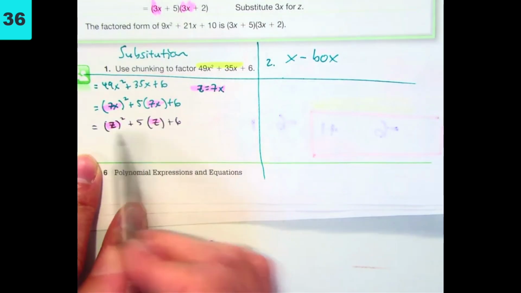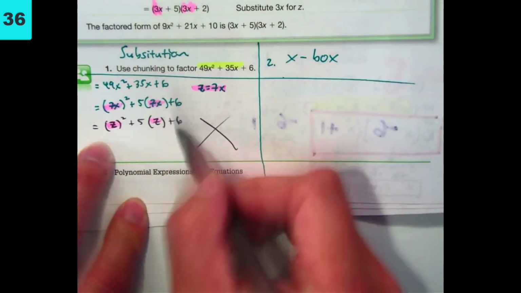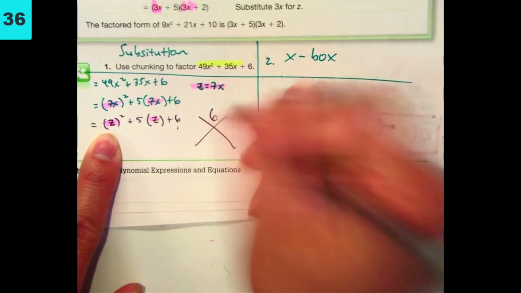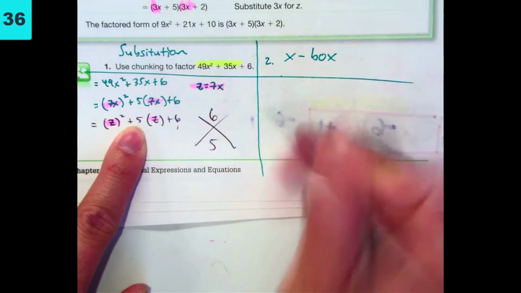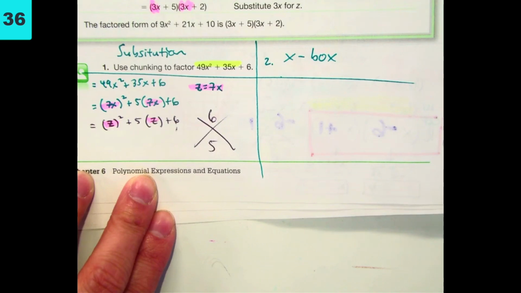And now can I use my Xbox factoring? Yeah. Two numbers that multiply to be 6, and two numbers that add to be 5. Class, what are those two numbers? 2 and 3.